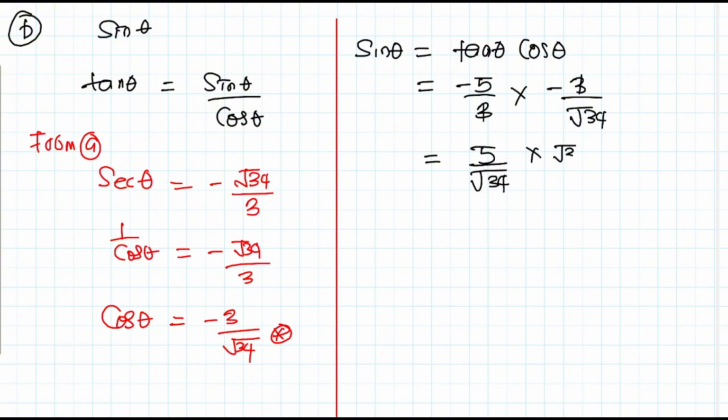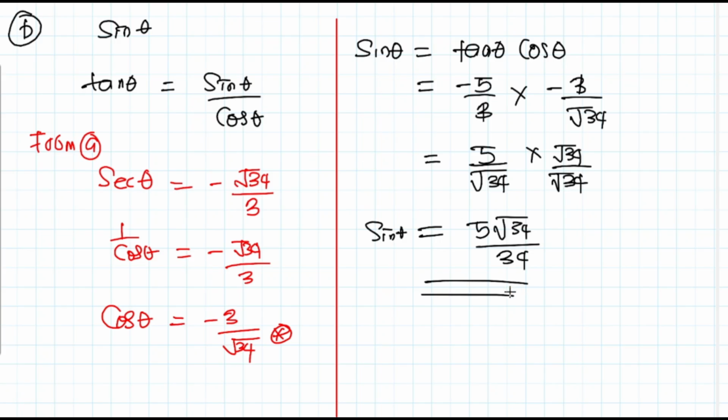If we rationalize, that would be 5 root 34 all over 34, and that is the value of sine theta. Sine is positive in the second quadrant, so we don't need to put any sign. So let's take the last one, cot of minus theta, a negative angle. Remember that to work with a negative angle, you have to convert it to a positive angle first.